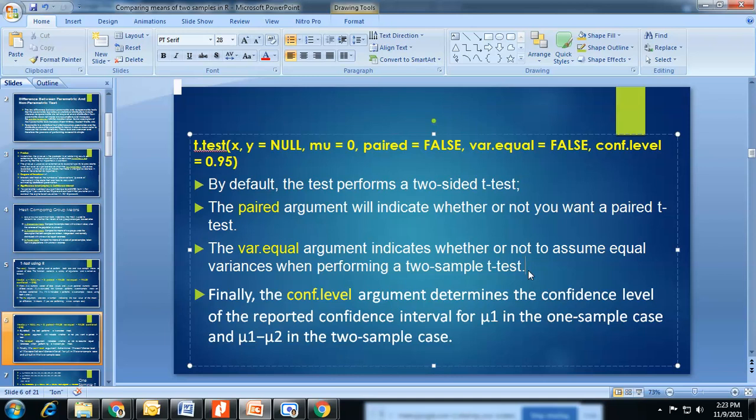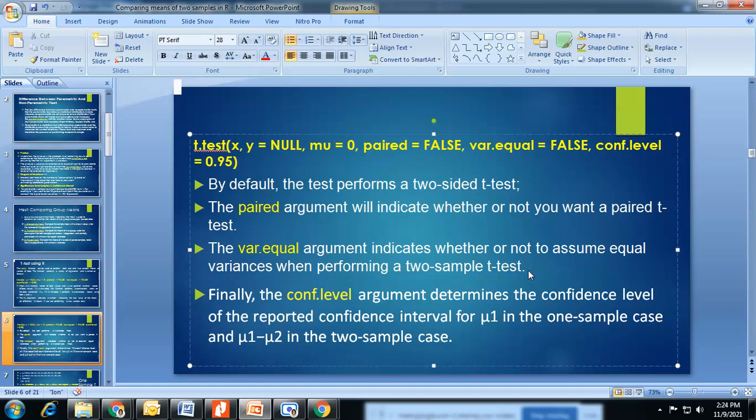Then the next argument is confidence level. So conf.level is equal to 0.95. The confidence level argument determines the confidence level of the reported confidence interval, whether it is a one sample t-test or a two sample t-test.